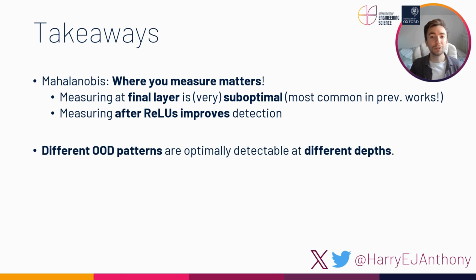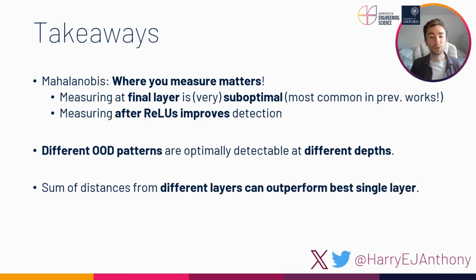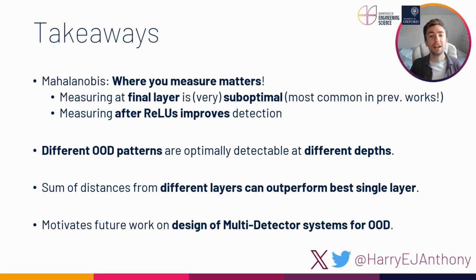We also saw that different OD patterns are optimally detectable at different depths of the network. There's no single layer or combination of layers that can optimally detect all patterns. We also saw that the sum of distances from different layers can outperform the best single layer in some cases. And this work motivates future work on designing and calibrating multi-detector out-of-distribution detection systems.